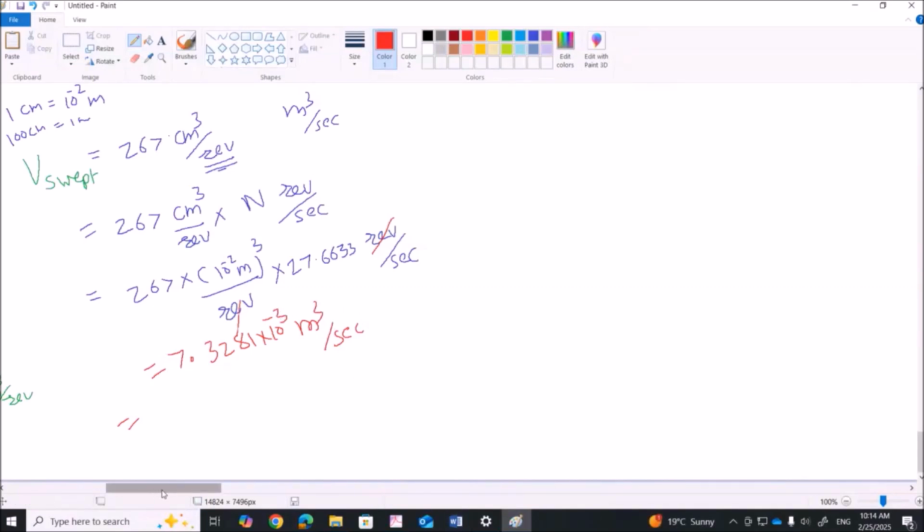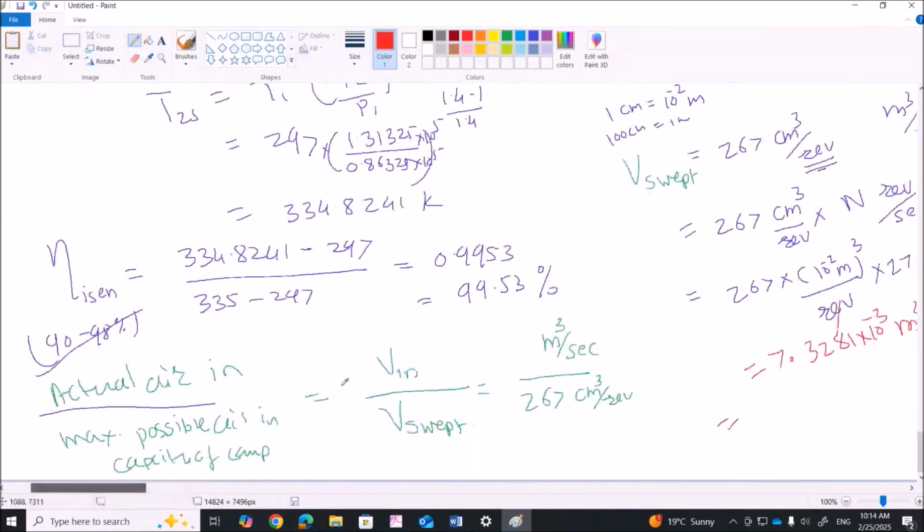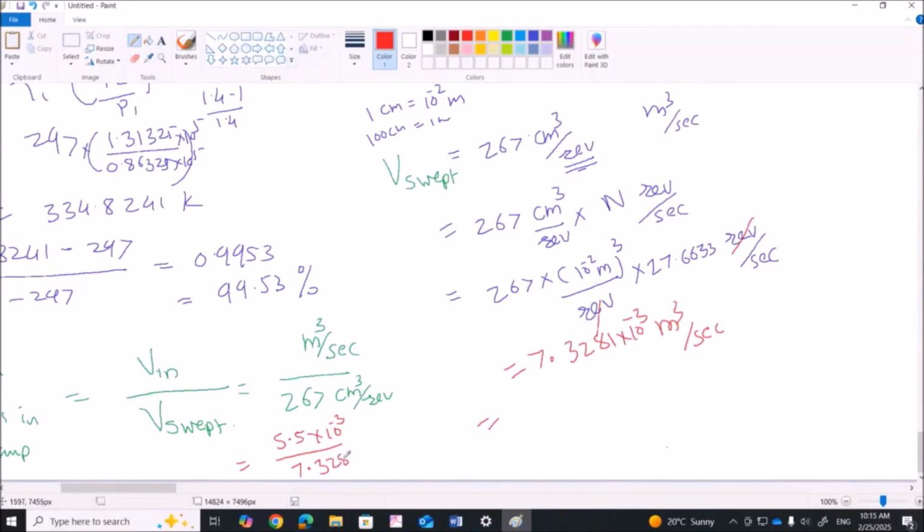So as I know the swept volume, I can find out the efficiency. Now I will put in the values. V in is 5.5 into 10 to the power minus 3, and V swept is 7.3281 into 10 to the power minus 3. So the units are the same now, meter cube per second and meter cube per second.